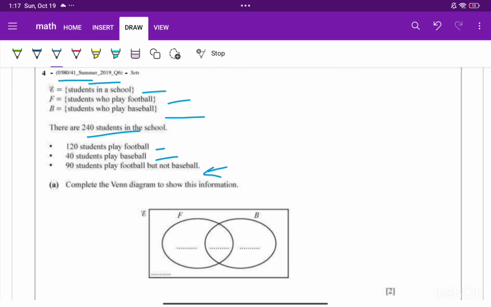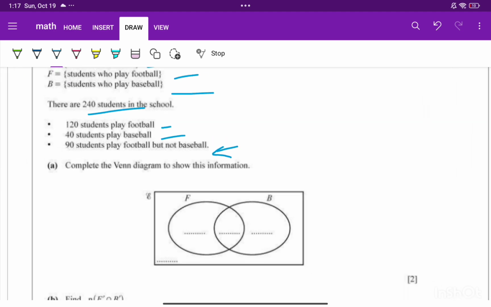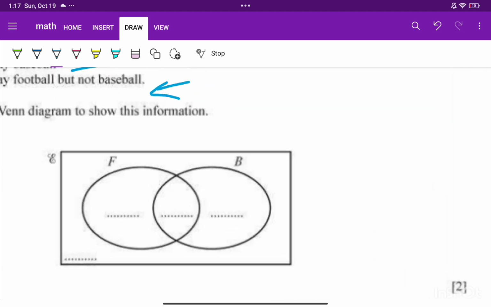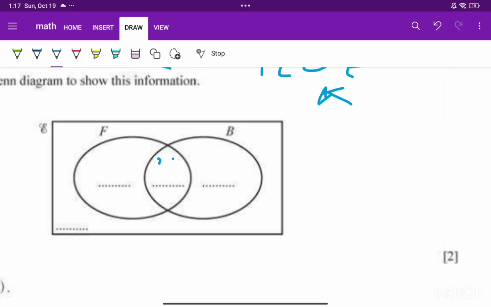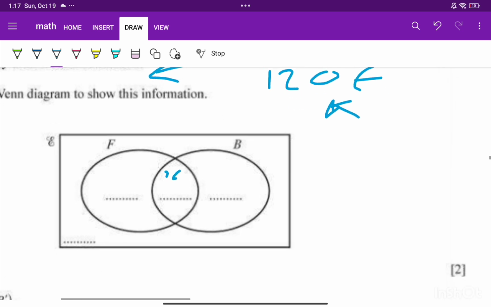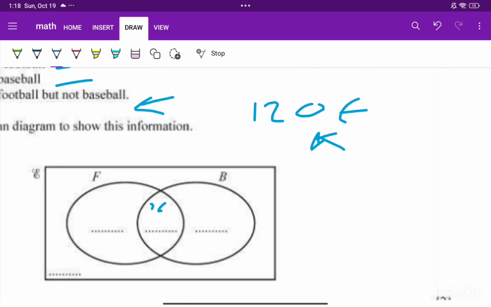Okay, so 120 play football. In this number there are also the students who play both baseball and football. So for example, X is the number of people who play both football and baseball, and if we subtract X from 120, we will get the students who only play football.